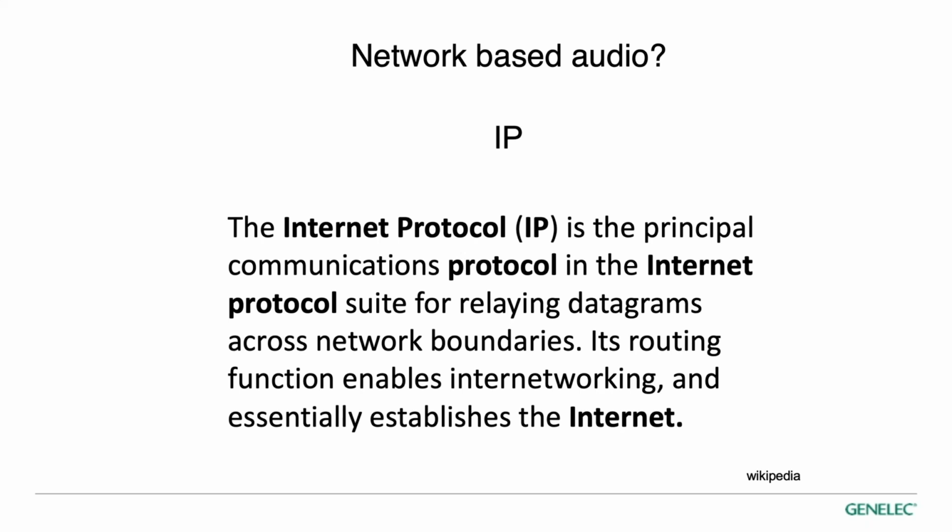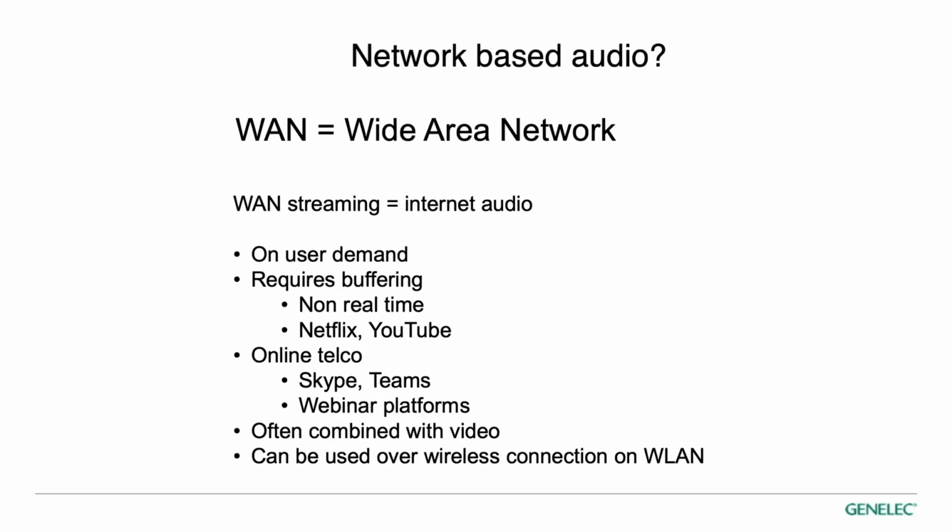Starting with the network definitions, let's look at what is a wide area network. And streaming audio across a wide area network is something we could call internet audio. It is something that usually happens on user demand. You click on a service, and then you press the play button and you start receiving some media.